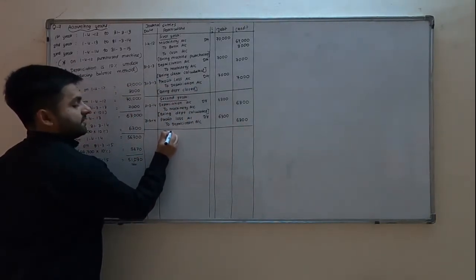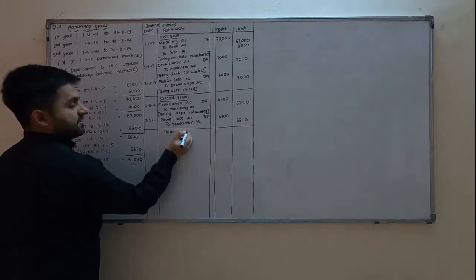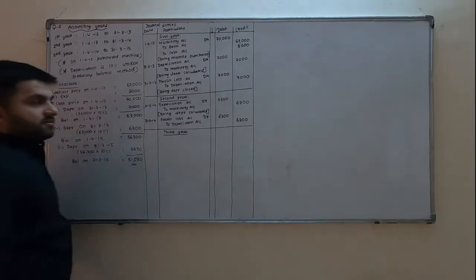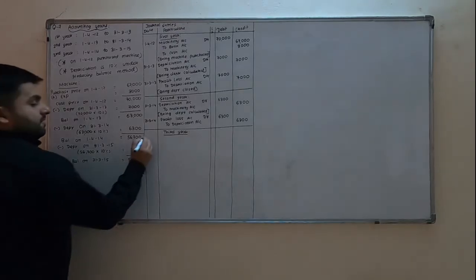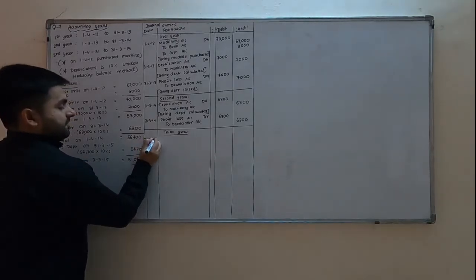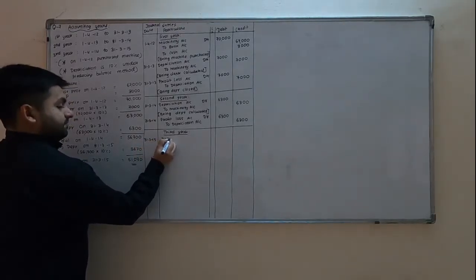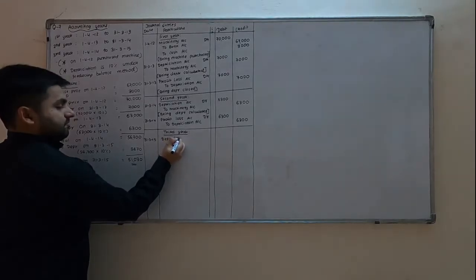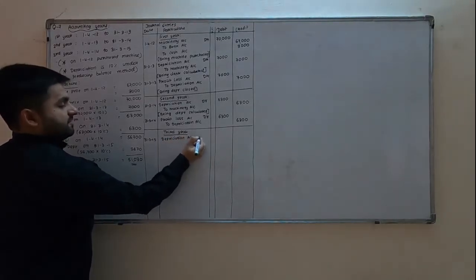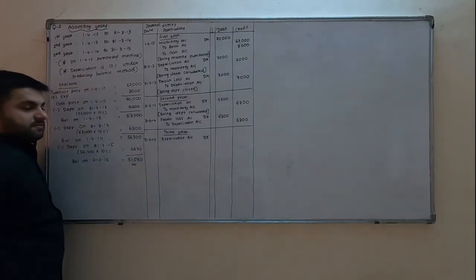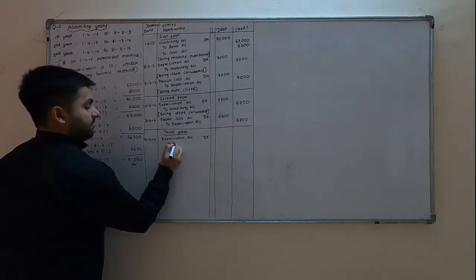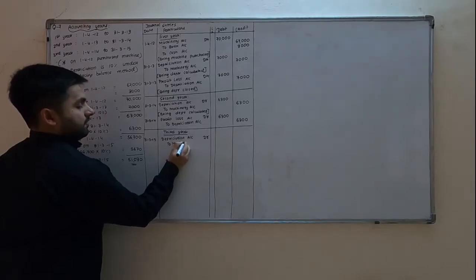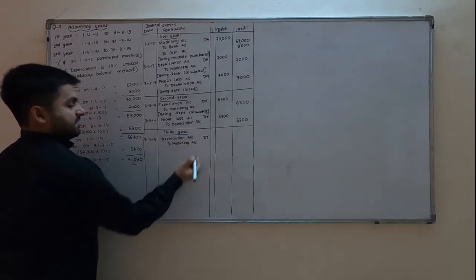Now for third year. Third year also same, because machinery is remaining, we are not selling it. So 31/3/15 depreciation account debit to machinery account.